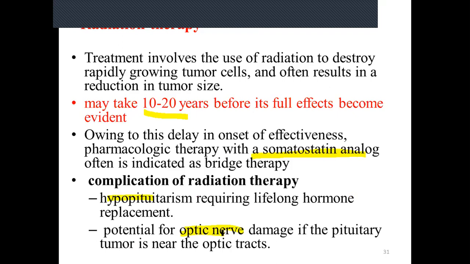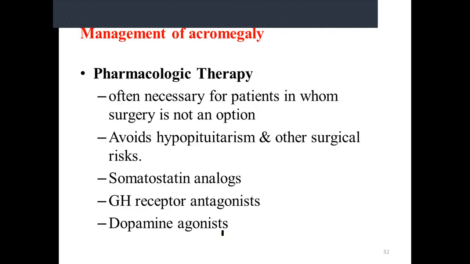So those are the major limitations of radiation therapy, and mostly it is usually used like a bridge therapy, as an adjuvant therapy in case of non-response. The primary treatment is surgery if it's an adenoma, then if not, you have to use pharmacological therapy.